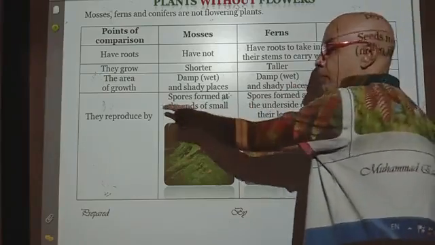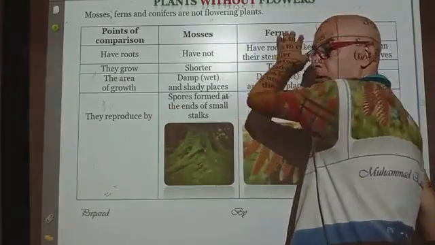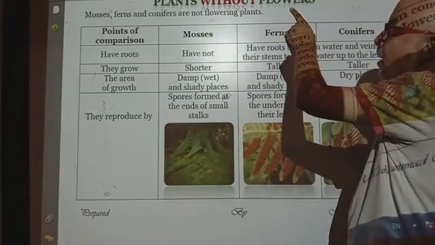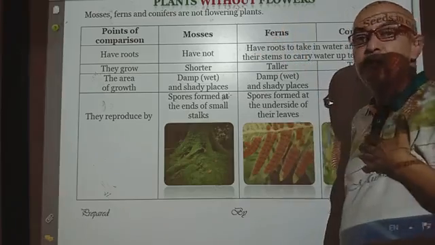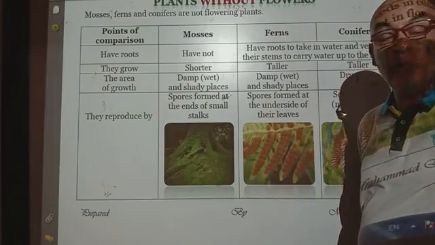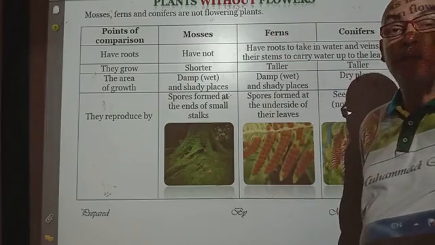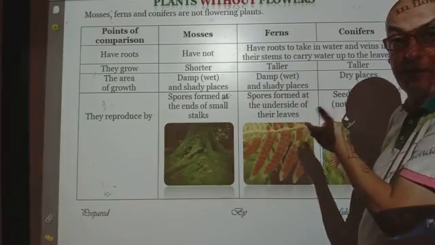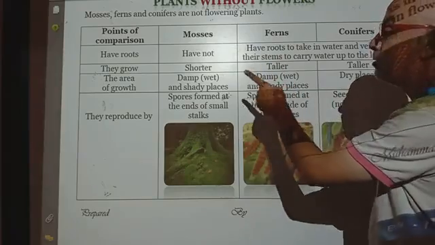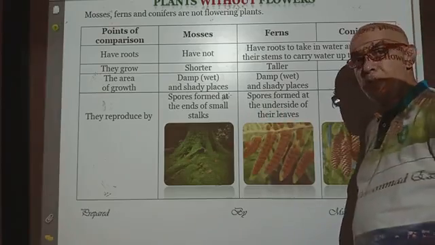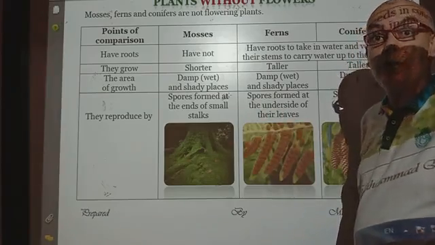Here we have a very important point to compare between mosses, conifers, and ferns. At the beginning of the lesson, I mentioned that flowering plants reproduce by seeds. They produce new plants of the same kind by seeds. What about the non-flowering plants, mosses, ferns, and conifers? Mosses and ferns, both of them reproduce by spores.